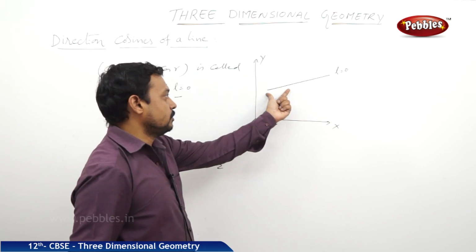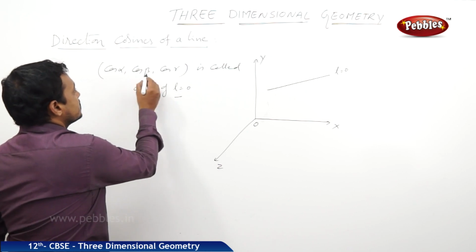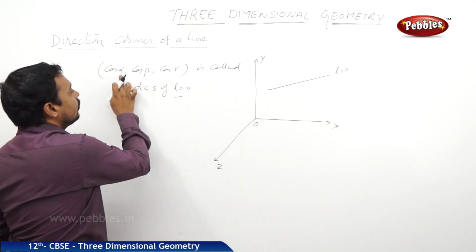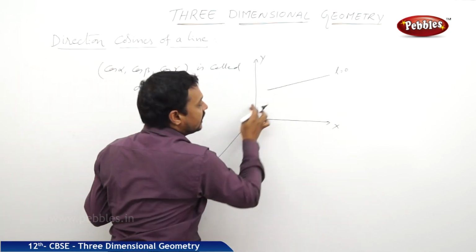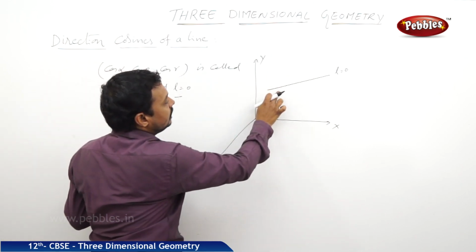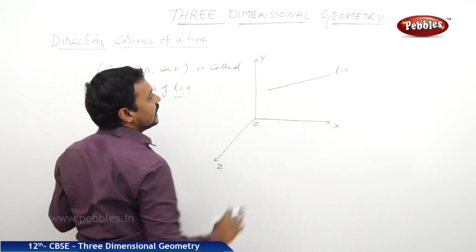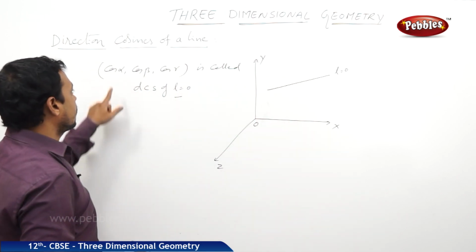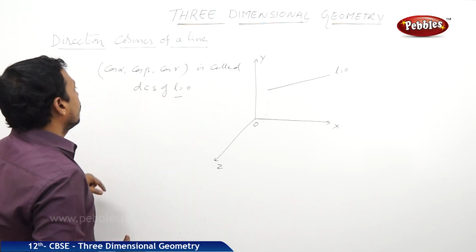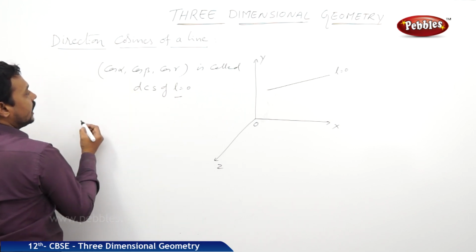So, direction cosines means the cosines of the angles alpha, beta, gamma. What are alpha, beta, gamma? Alpha is the angle made by the line with the x-axis, beta is the angle the same line makes with the y-axis, and gamma is the angle made by the line with the z-axis. Then cos alpha, cos beta, cos gamma are called direction cosines. Now, values proportional to the direction cosines of a line are called direction ratios.